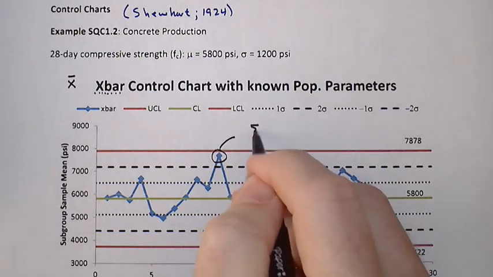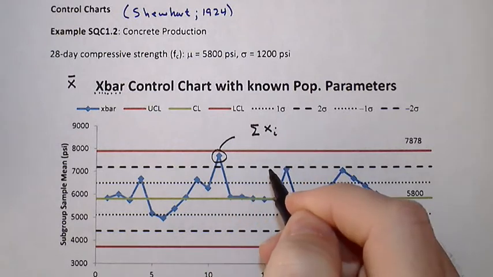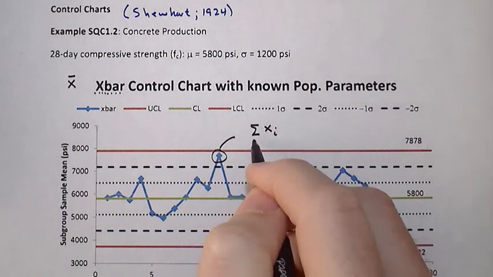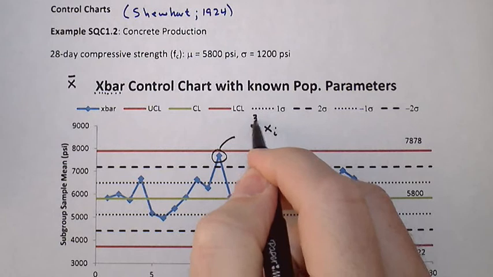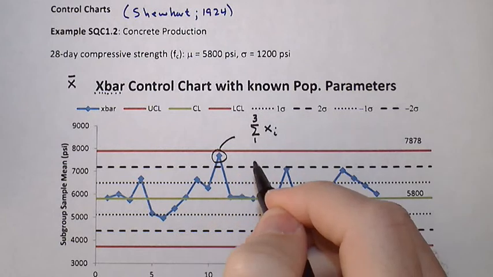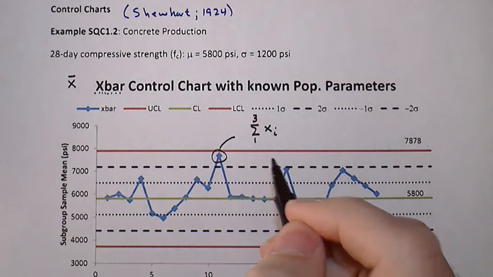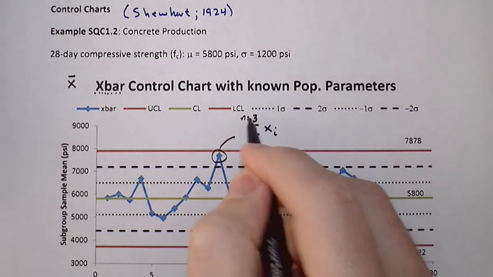So we've tested specific cylinders, and in this case we've compressed them, and oftentimes that'll turn out to be only 3 in the concrete industry. In other kinds of production industries, that sample size is oftentimes going to be up to about 4, 5, or 6.